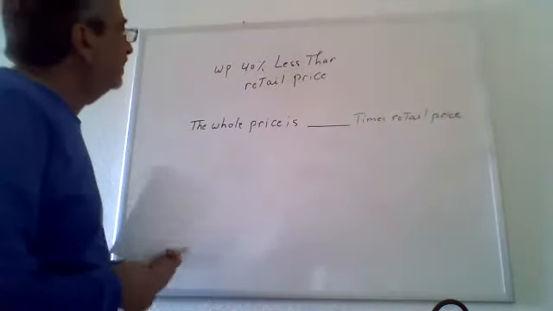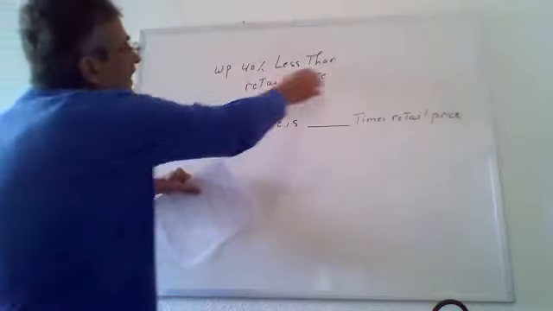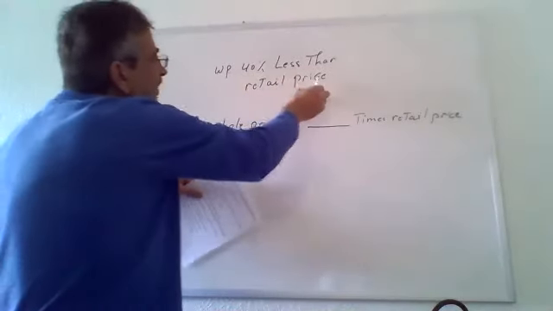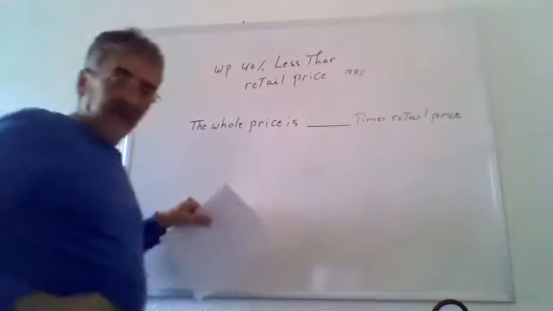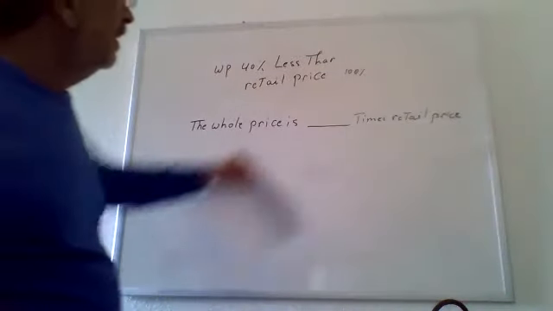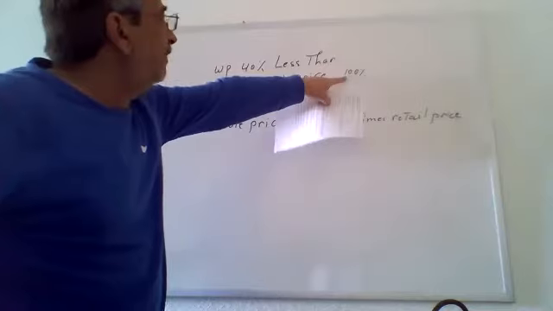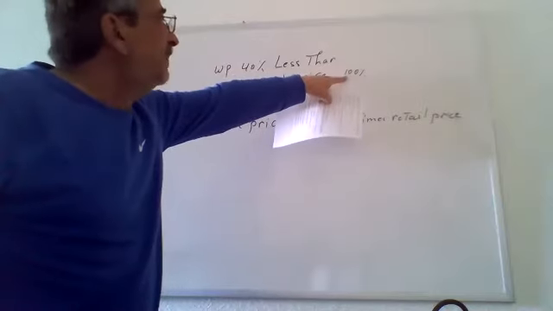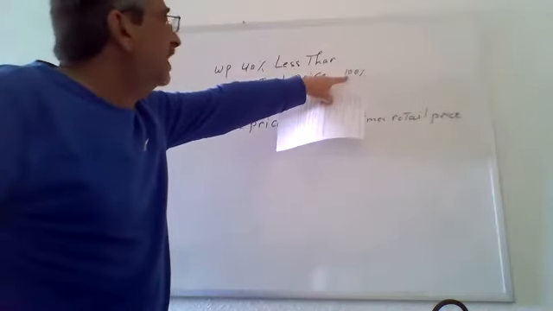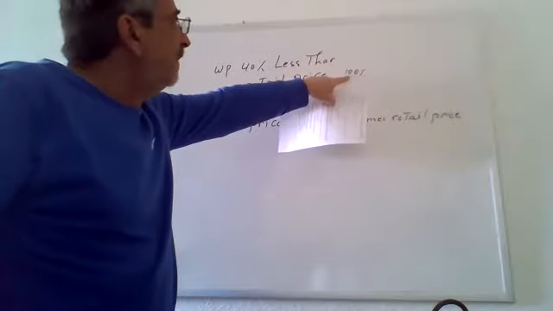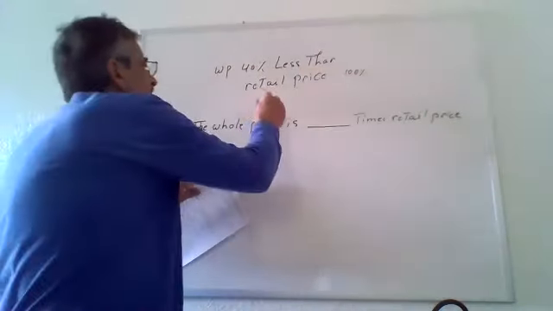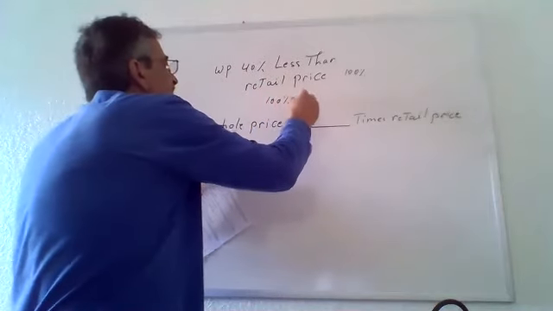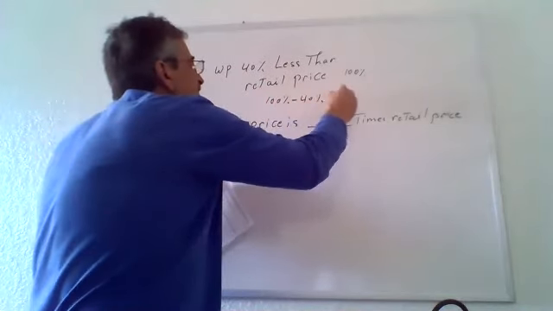Now let's think about this. Since I'm comparing the wholesale price to retail price, let's consider that 100%. Yes? The wholesale price is 40% less than that. So if I take away 40%, 100% minus 40% gives me 60%.